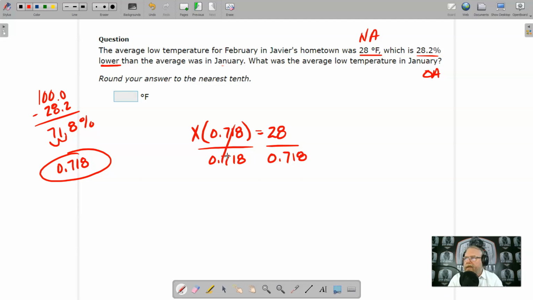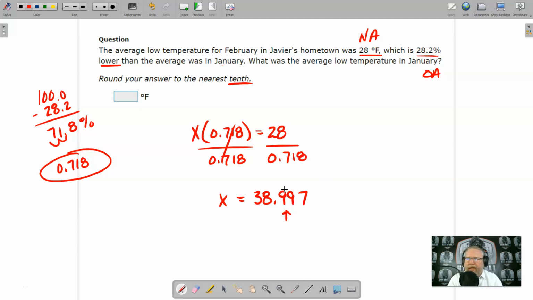And now 0.718 will cancel on the left, and then 28 divided by 0.718 equals 38.997. It says round to the nearest tenth, so I'd stop there. So here's the nearest tenth.